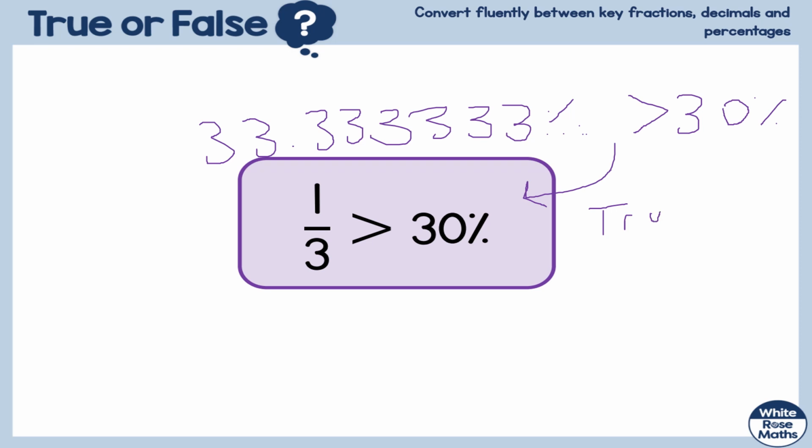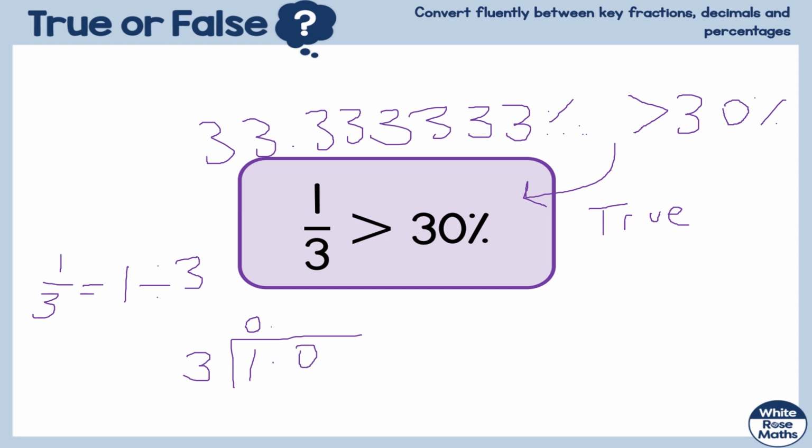But let's say I didn't know what 1/3 was as a decimal or a percentage. 1/3 means 1 divided by 3. So I can do a little bus stop method to work out the decimal equivalent. 3's into 1 I can't do. I'm going to put a decimal point, decimal point.